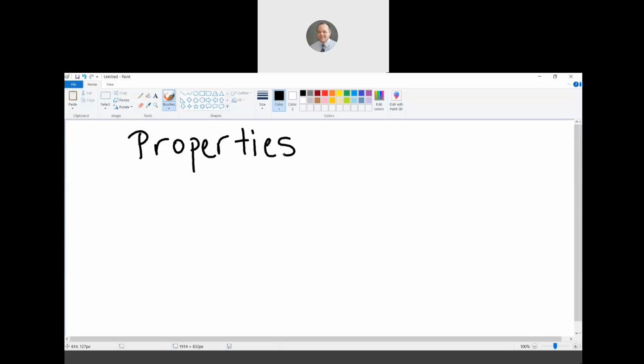Now there's, I guess you would call it, a cousin of logarithmic functions called a natural log, and it's abbreviated ln. So the properties I'm about to share with y'all for log is the same thing for natural log.